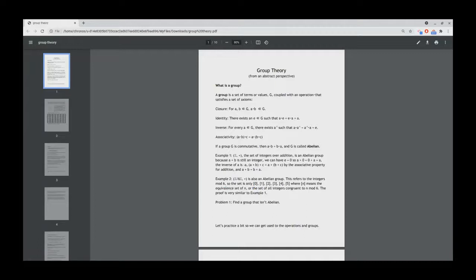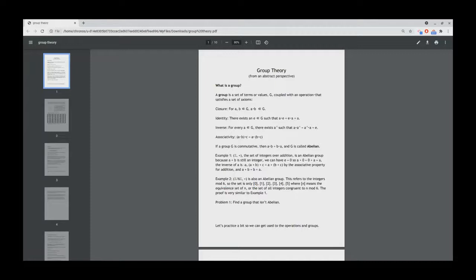The set is only composed of those 6 elements, where the number in brackets means the equivalence class of n, or the set of all integers congruent to n mod 6. For example, the equivalence class of 2 is going to be 2, 8, 14, 20, and also -4, -10, and so on.